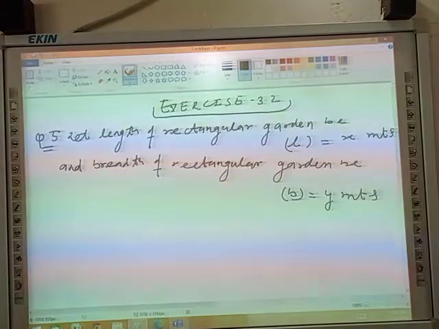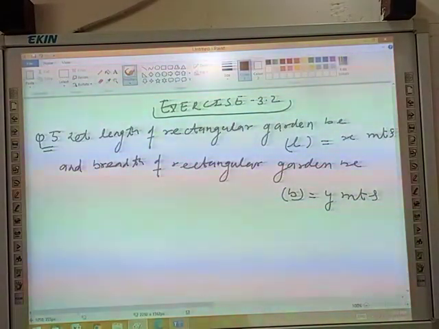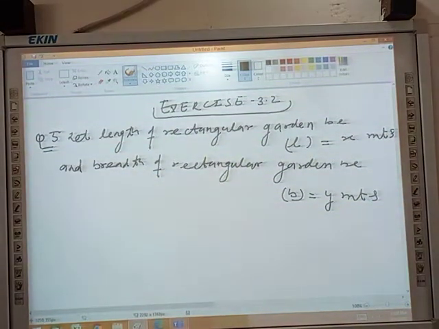Now students, according to the first condition, whose length is 4 meters more than its width.